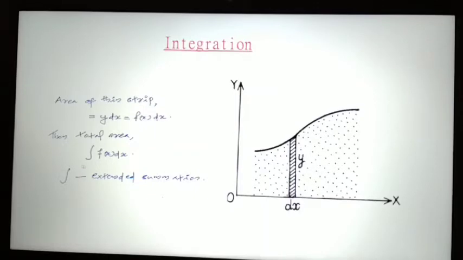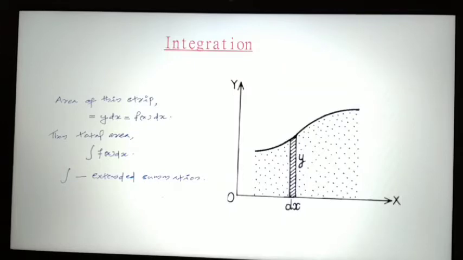Listen to my words carefully: you are integrating the function f of x with respect to dx from x1 to x2, which means x1 is the lower limit of integration and x2 is the upper limit of integration. x can take the minimum value x1 and the maximum value x2.